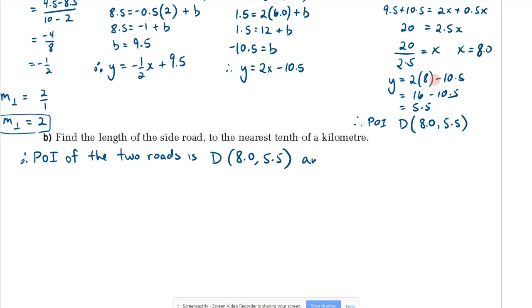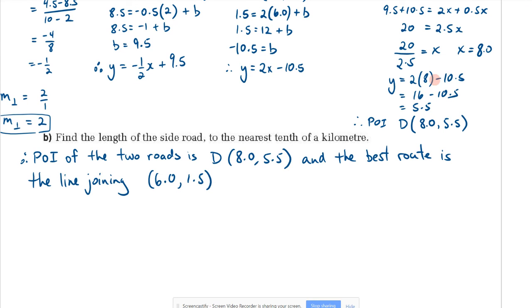And the best route is the line joining point R, which is 6.0 and 1.5, to point D, which is 8.0 and 5.5.